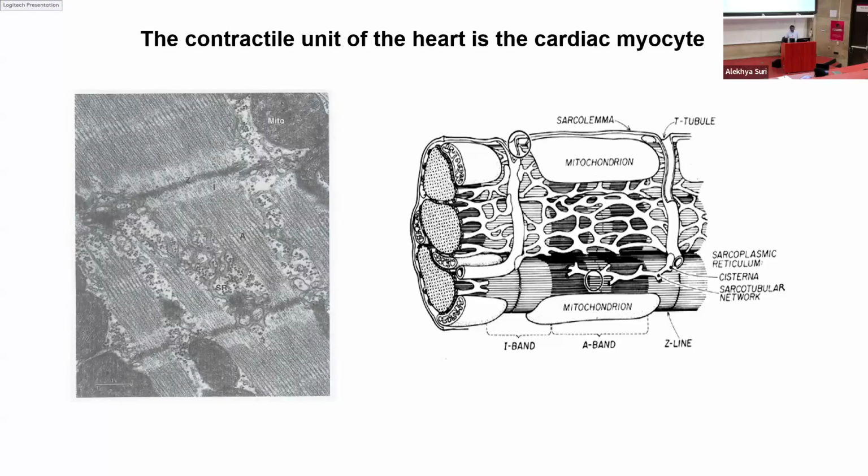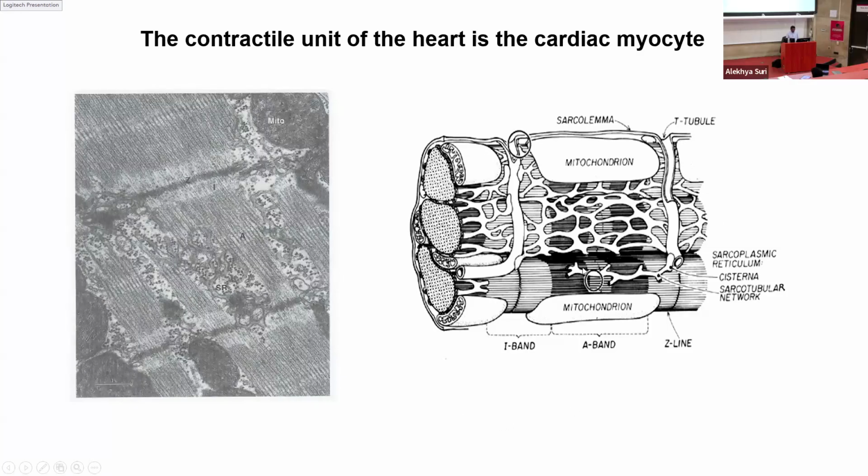In the case of cardiac muscle, in addition to the endoplasmic reticulum, you will see a modified form, the sarcoplasmic reticulum. And this is the calcium store, and this calcium is important for muscle contraction. So we're going to see that.